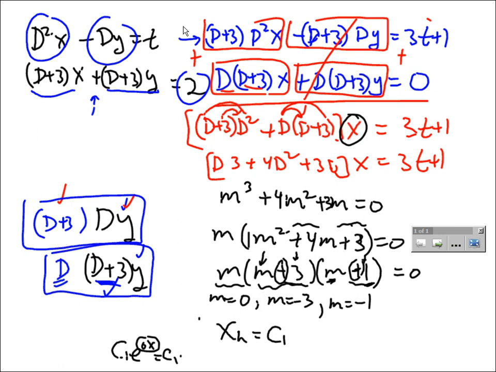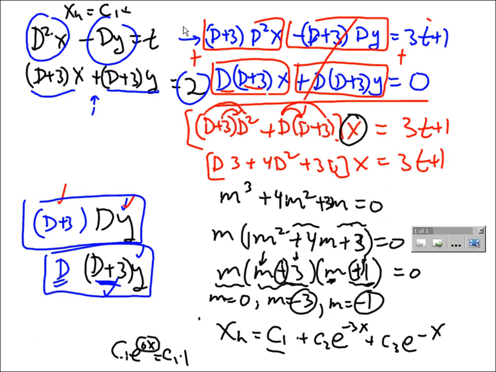You get c1 times 1, which is c1, plus c2 e to the negative 3x, plus c3 e to the negative 1x, or negative x. So that is the homogeneous solution. c1 plus c2 e to the negative 3x plus c3 e to the negative x.